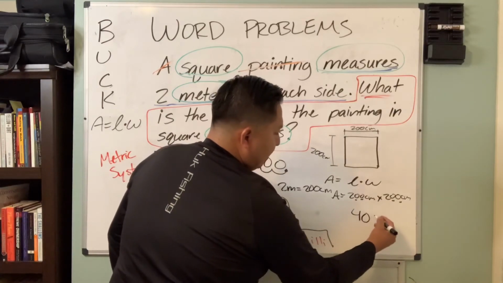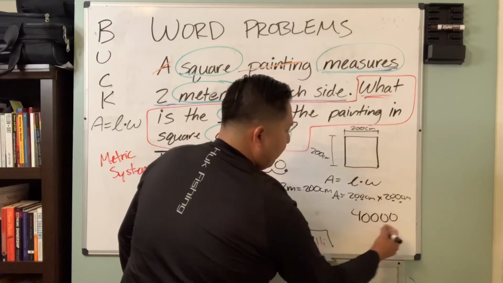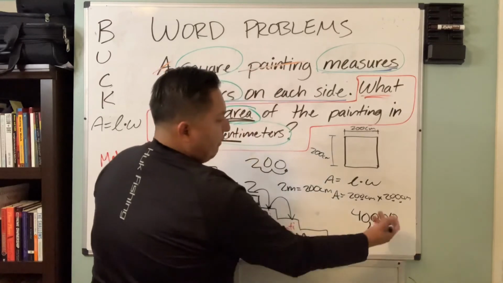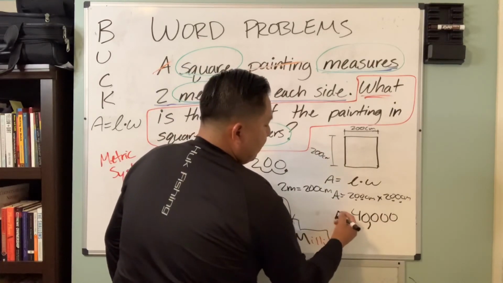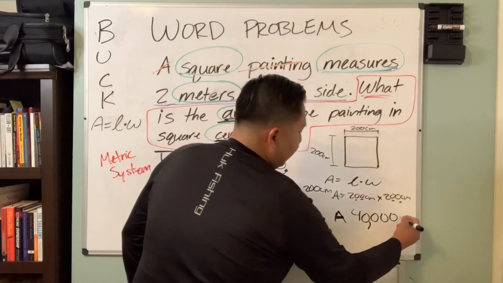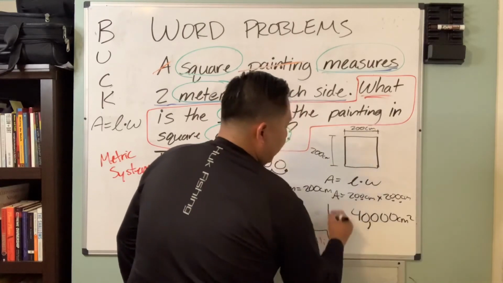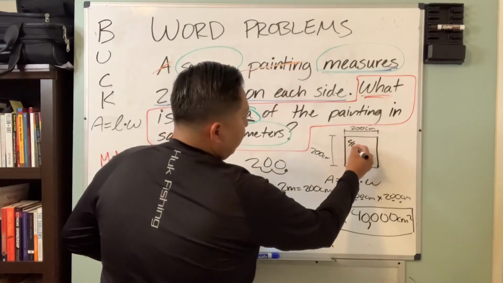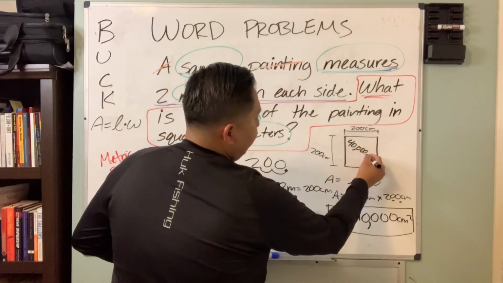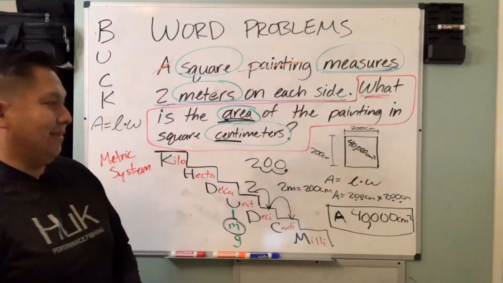So just plug them in. 1, 2, 3, 4. Put a comma after the thousands place. And then don't forget your measurement. The area equals 40,000 centimeters squared.